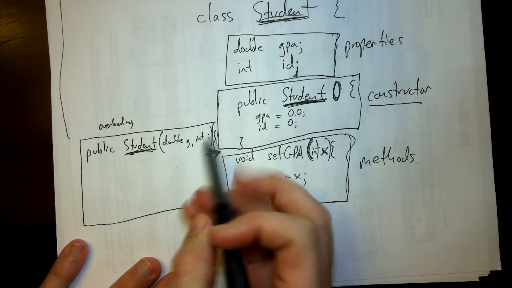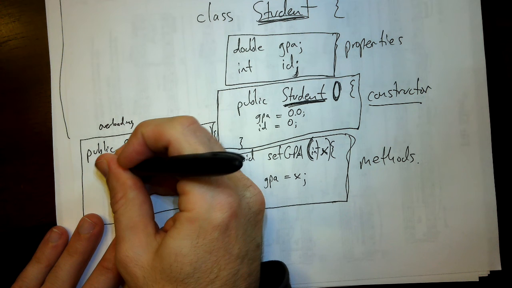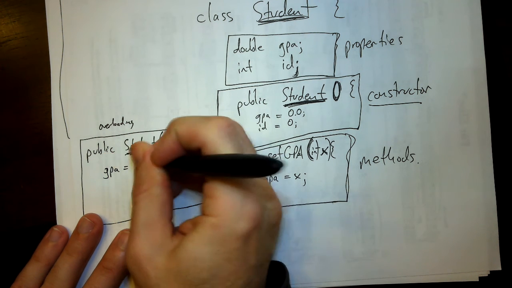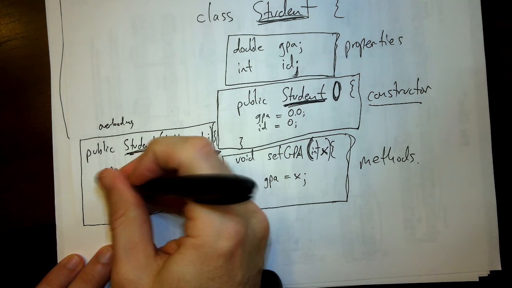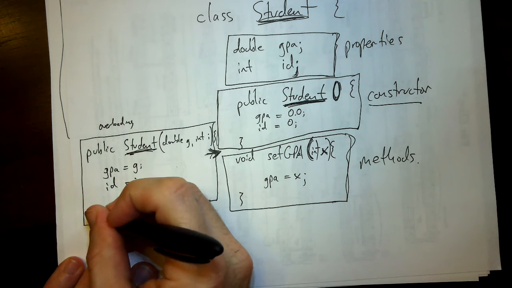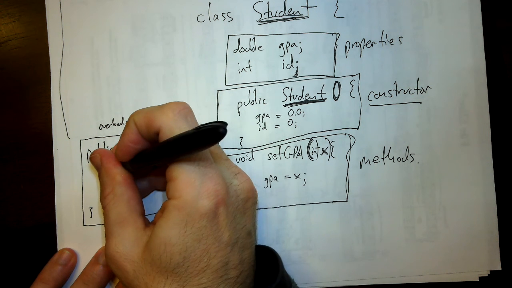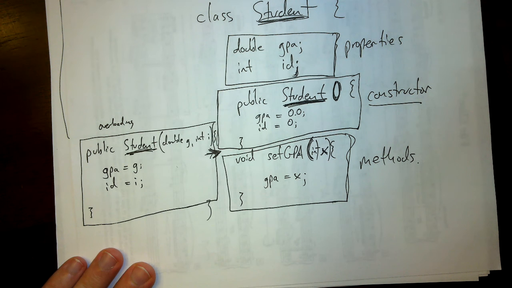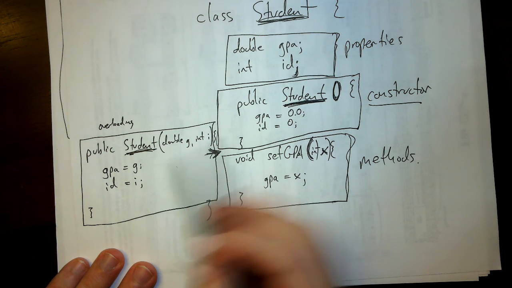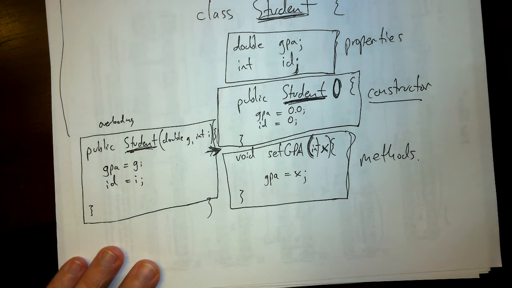And so inside this one, I will set GPA equal to G and ID equal to I. So now I have two separate constructors depending on how I want to use my object.